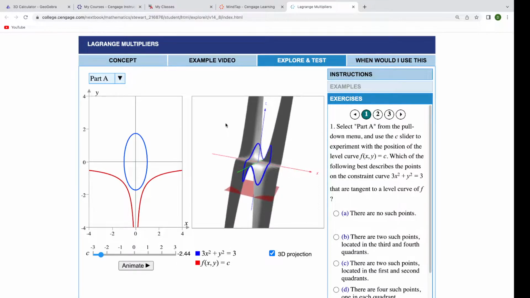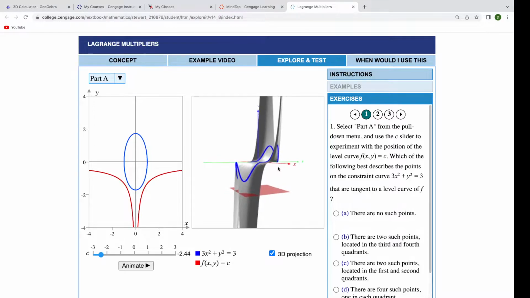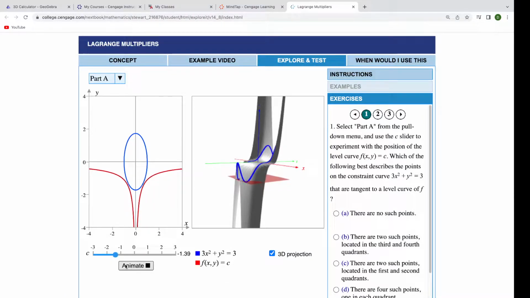And then what we're going to be looking at is different values for our function. I don't think I get the option of turning that off, but for our function, this is a graph of it, and we're going to be looking at different level curves of our function. I'll just let it animate and go through.